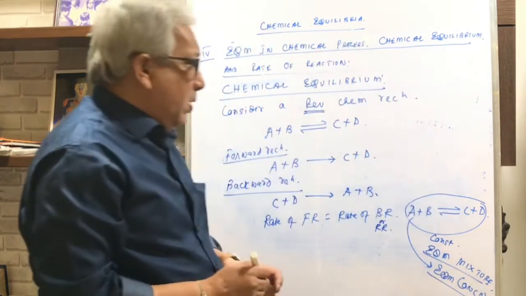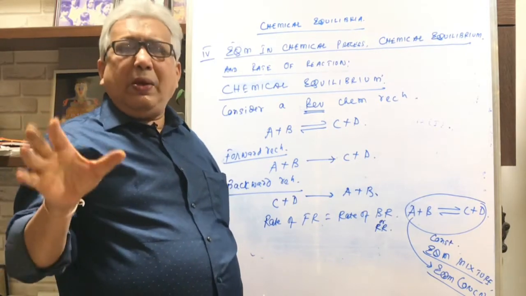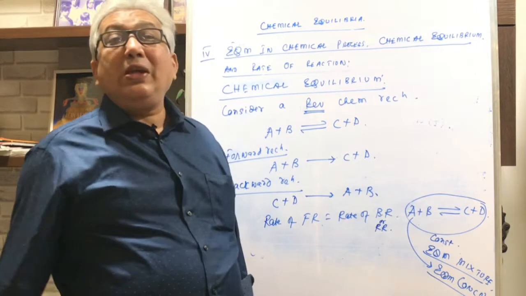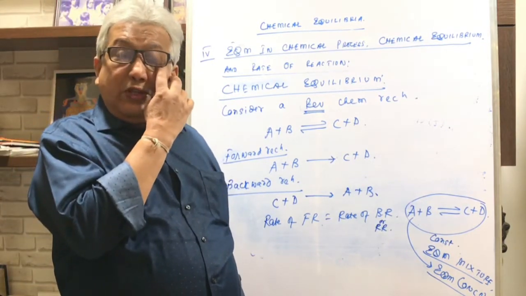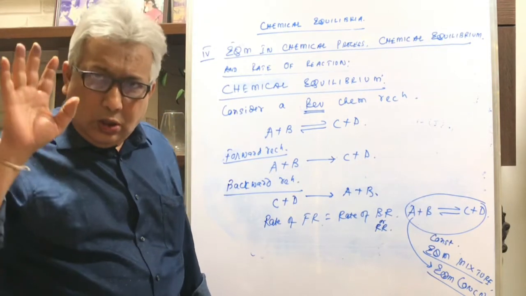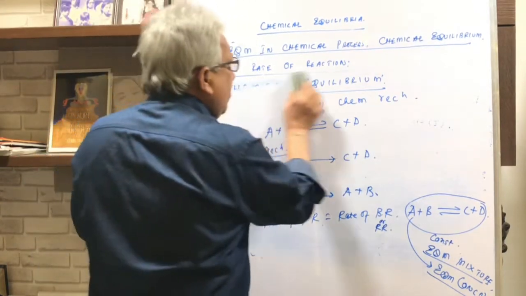At equilibrium, the concentration of reactants and products will become constant, and that entire thing will be called as equilibrium mixture, and individual concentration of every substance will be called as equilibrium concentration. So now let's give the definition of chemical equilibrium.